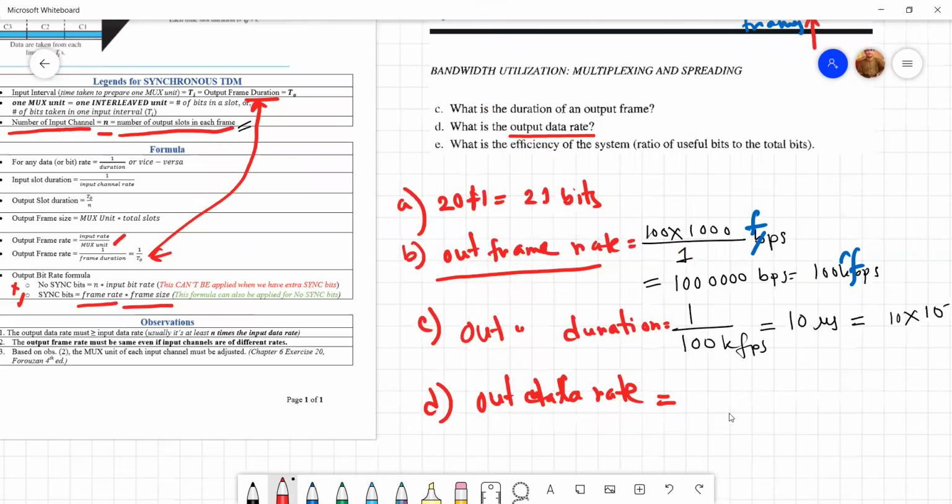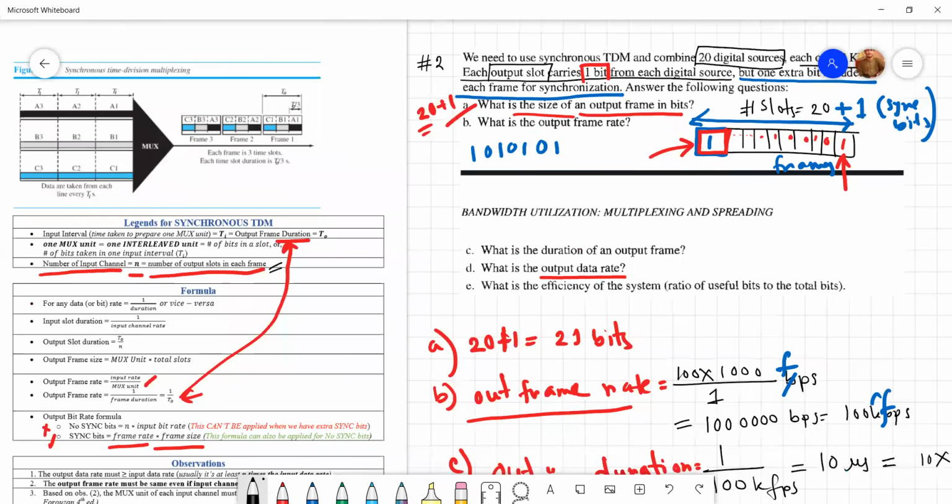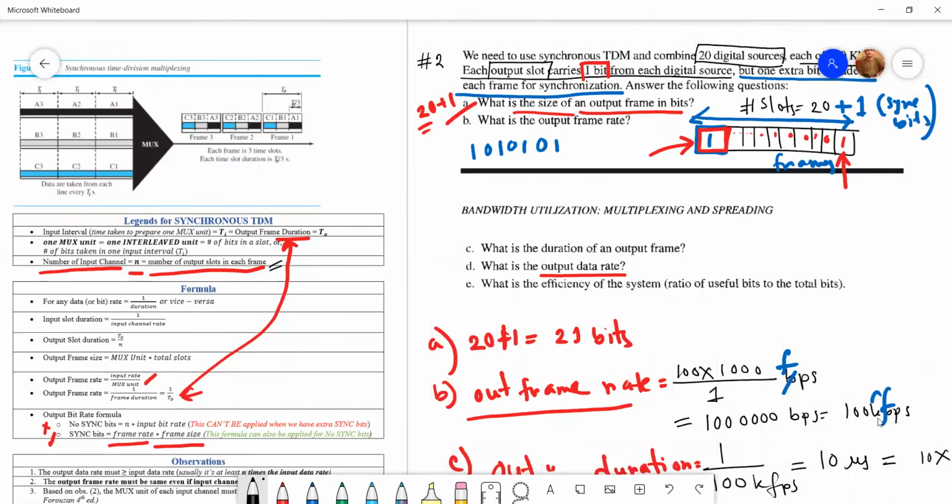What's my frame rate? My frame rate is 100,000 frames per second, and that is going to be multiplied with the frame size. From question A, we know the size of an output frame is 21 bits.